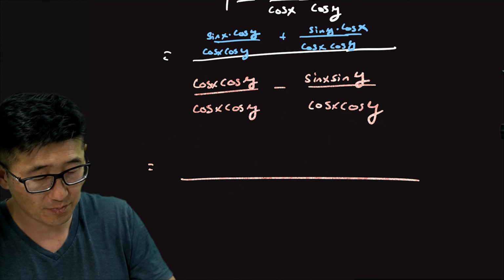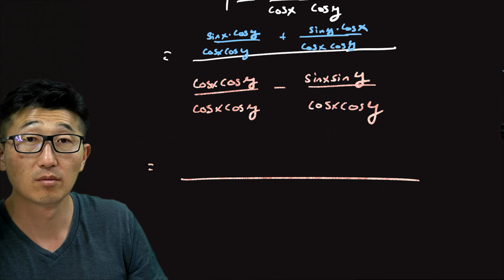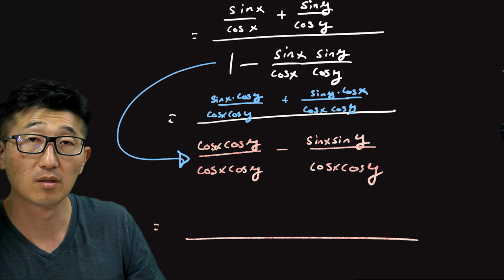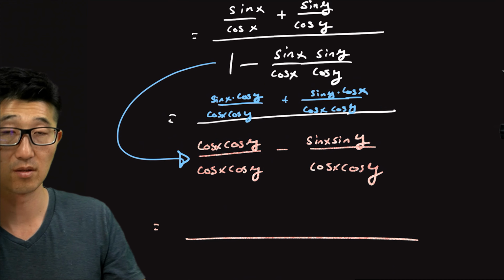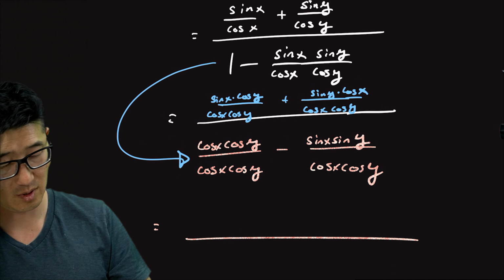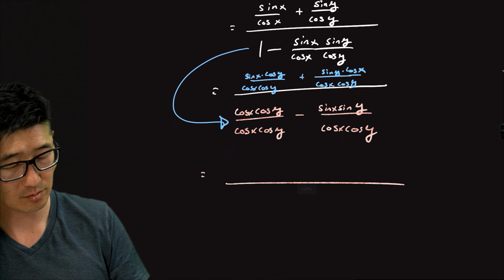So the numerator, where does the one go? This one became this, one minus. Because you did it over the denominator.